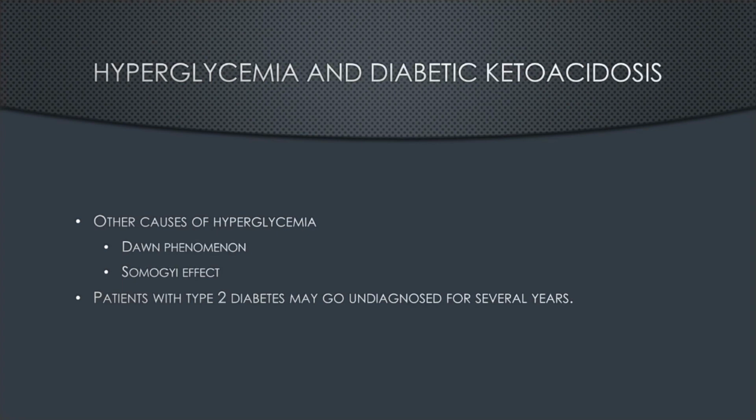When serum glucose levels rise above tolerable levels, other physiologic changes occur. Diabetic ketoacidosis is when blood glucose levels greater than approximately 350 milligrams per deciliter occur. And then hyperosmolar hyperglycemic syndrome is when blood glucose levels greater than approximately 600 milligrams per deciliter occur.